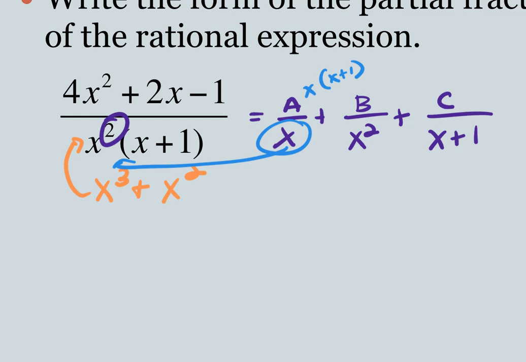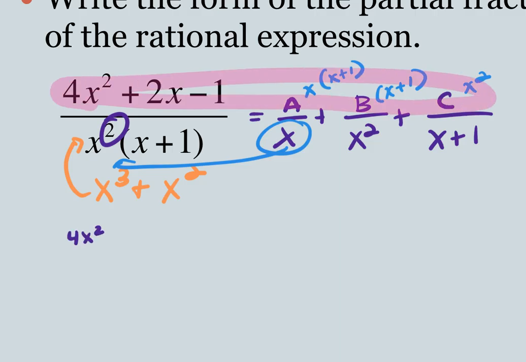Okay, then I go to B. What am I missing? Just the x plus 1. Then I go to C, and what am I missing? x squared. So now if I look at all the numerators, I have 4x squared plus 2x minus 1 equals Ax times x plus 1 plus B times x plus 1 plus Cx squared.